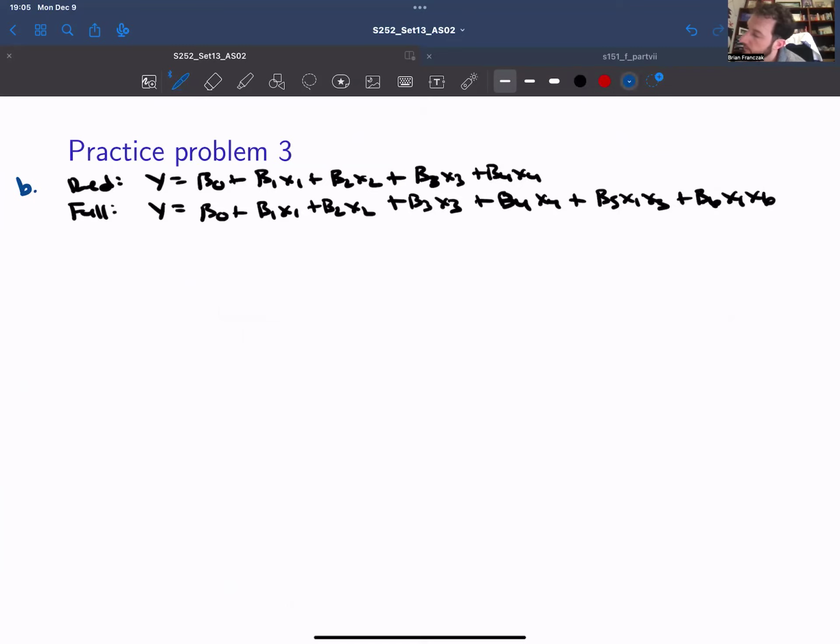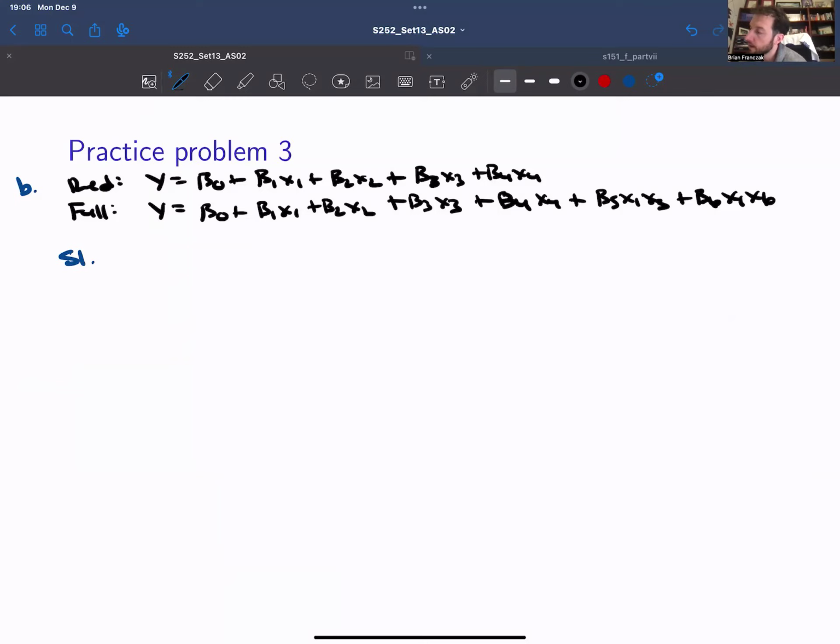All right. So we want to run an extra sum of squares F test to see if these two interaction terms are useful. And remember, this was one of the points that I was raising in lecture, that the extra sum of squares F test can be used to compare any subset model to any full model. So it doesn't only have to be one term different between the two models. It can be multiple terms that are different as long as the reduced model exists inside the full model.